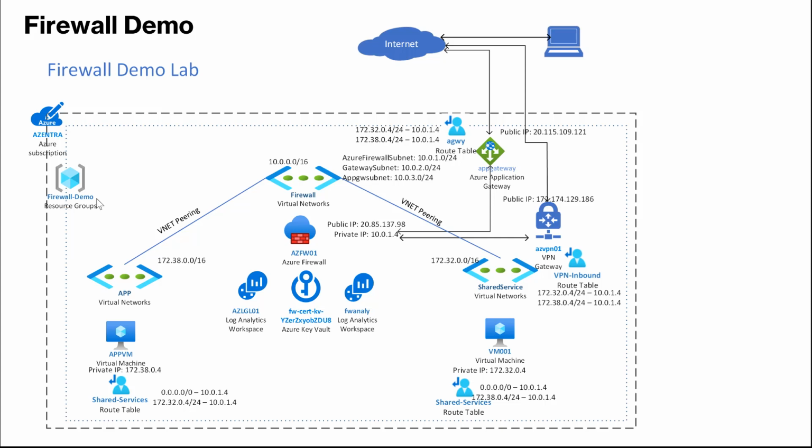Now, when we talk about firewall deployment, I'm not going to go into the architectural part of how you would architect your Azure Firewall for your environment, but there are multiple ways. Just quickly, you can have Azure Firewalls deployed in each region. You can have Azure Firewalls distributed between your internet traffic, north-south traffic, and east-west traffic. Many customers prefer to segregate their internet traffic from the rest of the traffic.